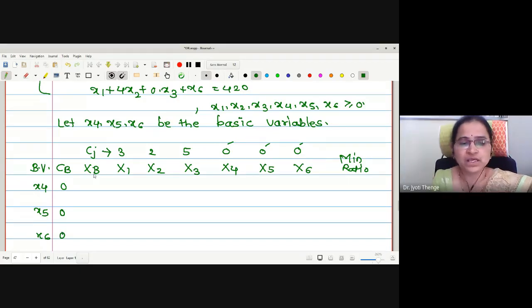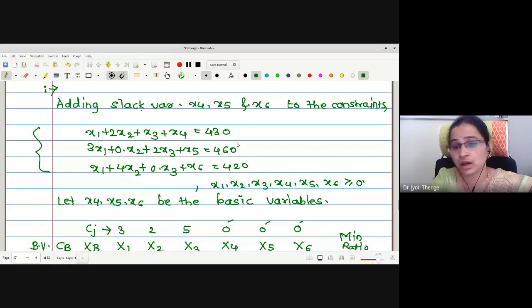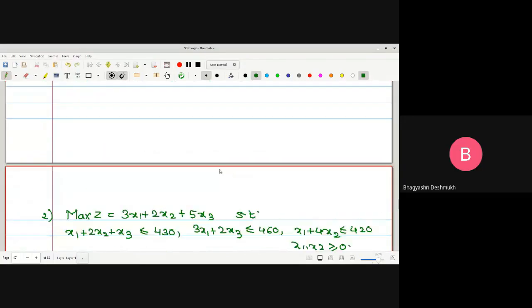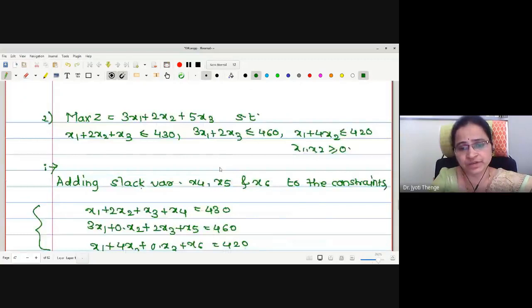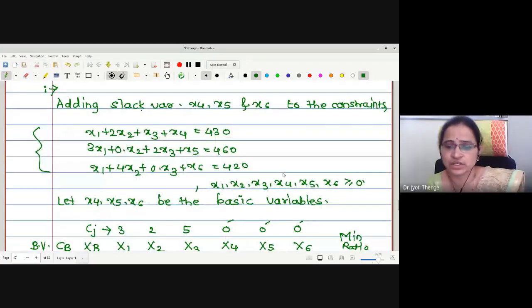What is XB, the initial basic feasible solution? The right hand side constants. Why? We have discussed it already. The initial basic feasible solution is XB equals B inverse b.